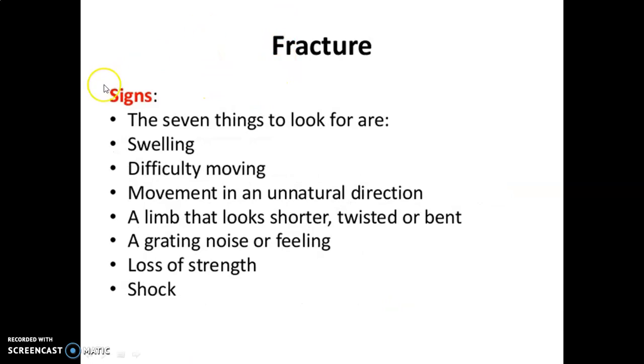Fracture signs. The 7 things to look for are swelling, difficulty moving, movement in an unnatural direction, a limb that looks shorter, twisted or bent, a grating noise or feeling, loss of strength and shock.